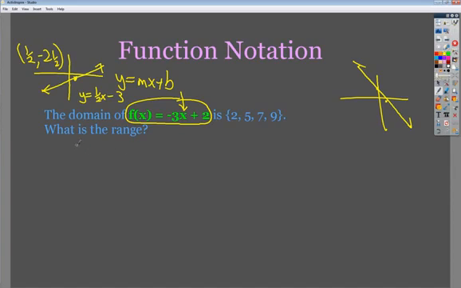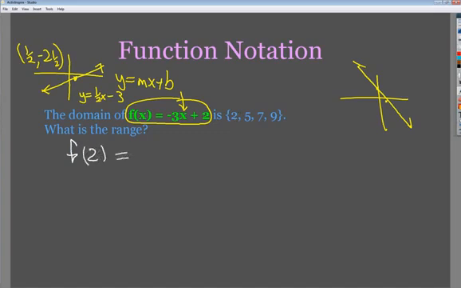So my first one, I would say, instead of f of x, I want it at 2, so I'm going to say f of 2 is equal to negative 3, and instead of times x, I'm going to put times 2 plus 2. So all I need to do is negative 3 times 2, which is negative 6, plus 2 more gives me negative 4.